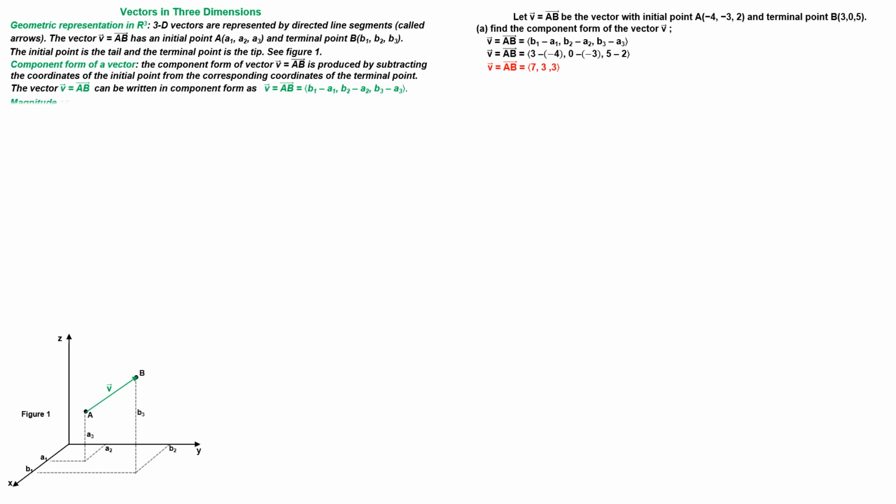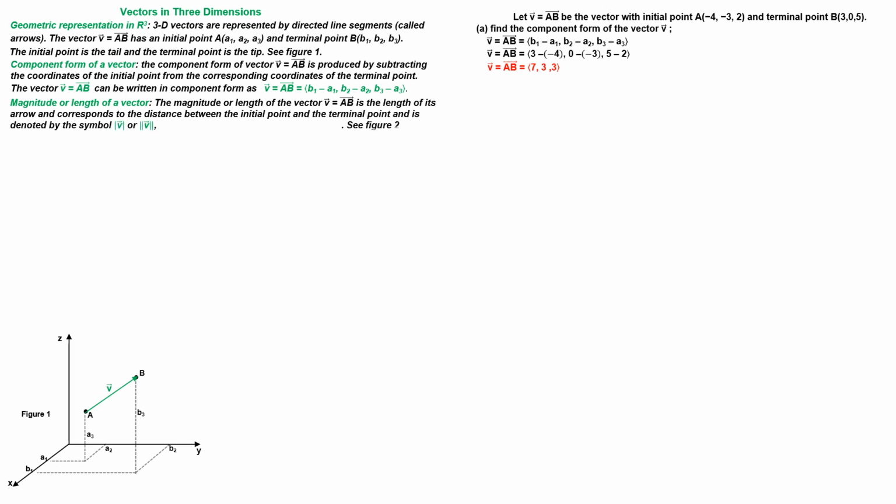The magnitude or length of the vector is the length of its arrow and corresponds to the distance between the initial point and the terminal point, and is denoted by the symbol. By using the distance formula to compute the length of a segment, we obtain the following formula.